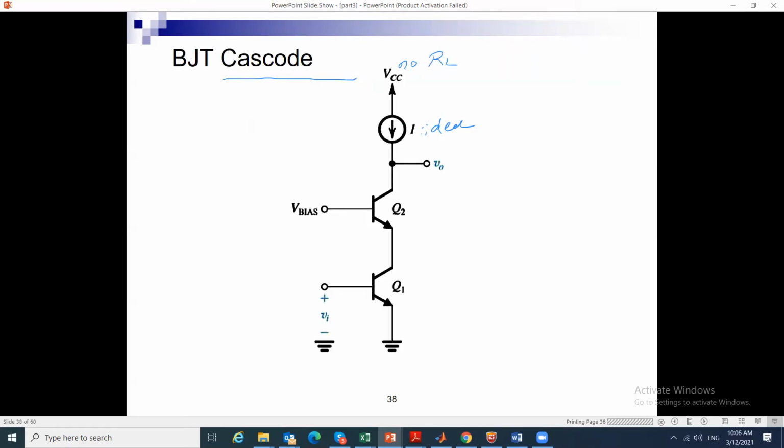And if we want to look at this circuit, Vin to Vout, this is a common emitter to Vx, and Vx to Vout is another stage with a base at DC, and this is a common base. So I can use the gains of each one of these, okay, to find the derivation.